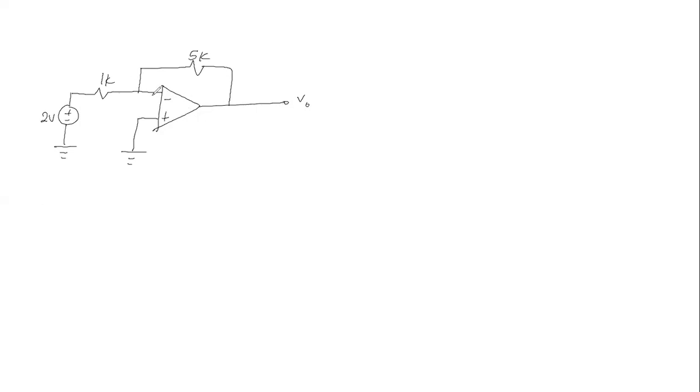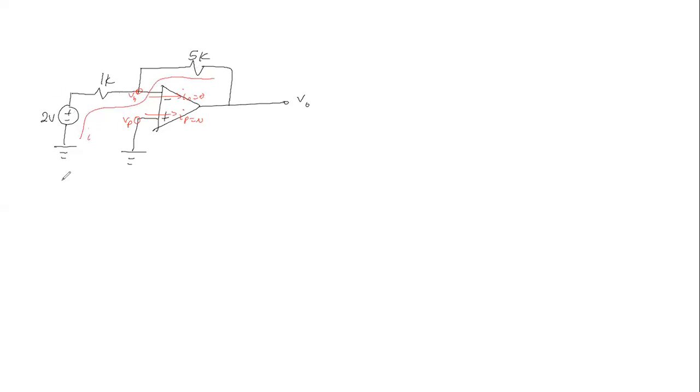You'll recall that we already established that if this is Vn and this is Vp, I sub n is 0, then I sub p is 0 amperes. If that is true, then the entire current will flow in this direction.